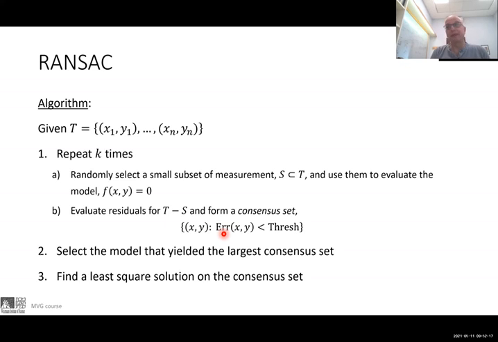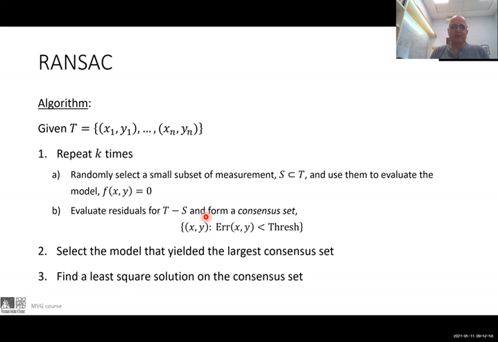If the error is bigger, then it's not in the consensus set. And we choose the model that yields the largest consensus set. We repeat this many times. Each time, we choose another subset, form a consensus set, and finally take the solution that gives the largest consensus set.